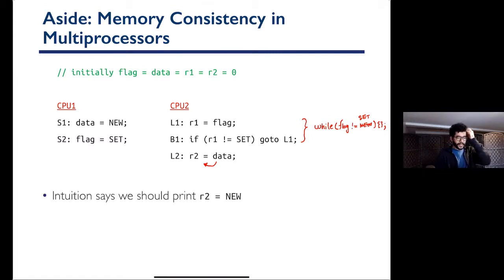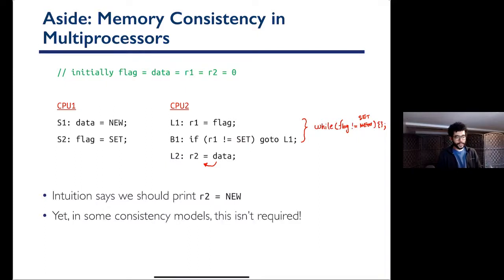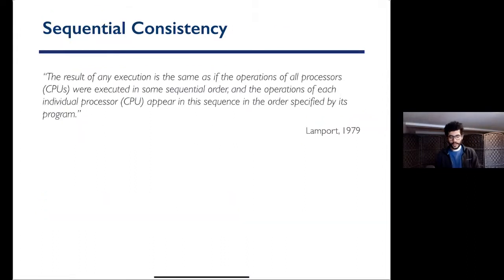The intuition is R2 eventually will be data, but as I mentioned, this is not going to be true all the time because the compiler or the hardware might reorder these two instructions. Now, this is a good place to talk about sequential consistency and memory consistency as a whole.